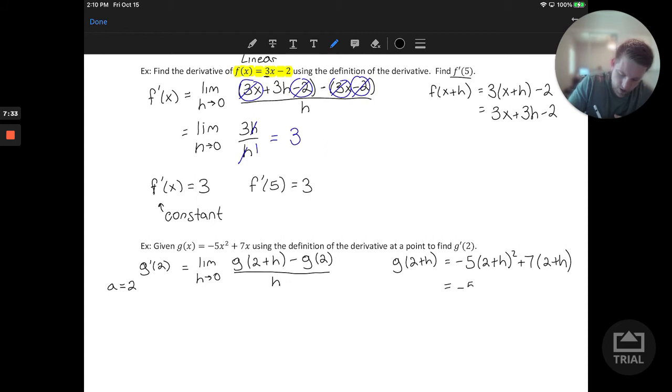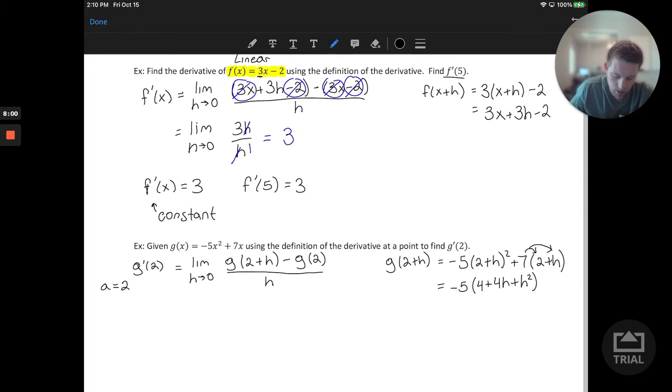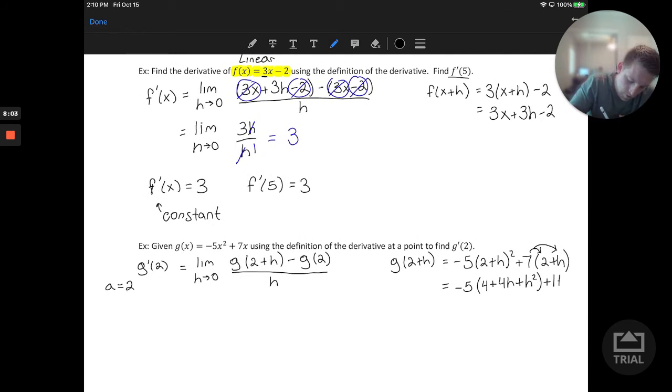So we have negative 5. If we square out 2 plus h, we can consider a binomial product here. Squaring the first gives us 4, plus 2 times the product, which is 2 times 2 times h, or 4h, and then plus h squared. A final distribution: 7 and 2, and 7 and h, give me 14 plus 7h.